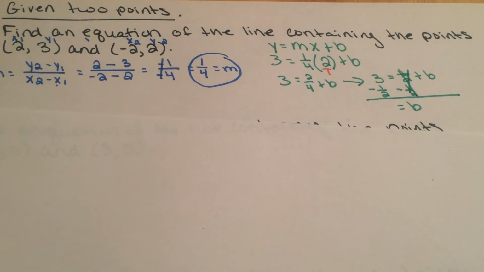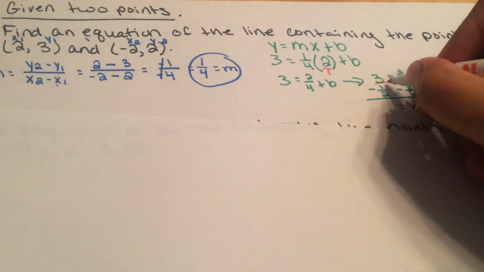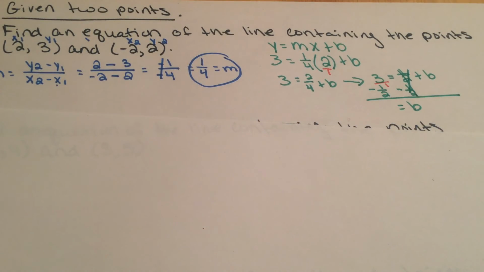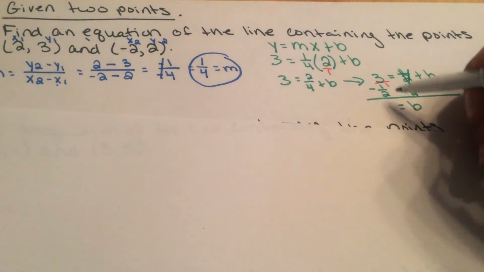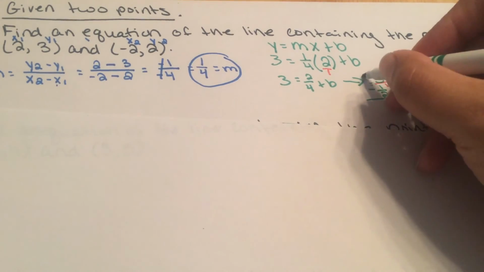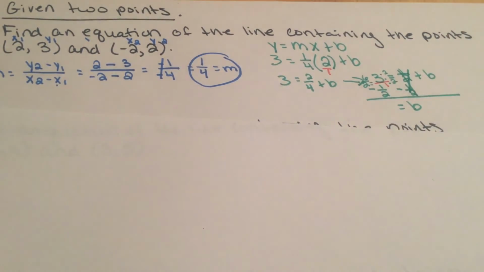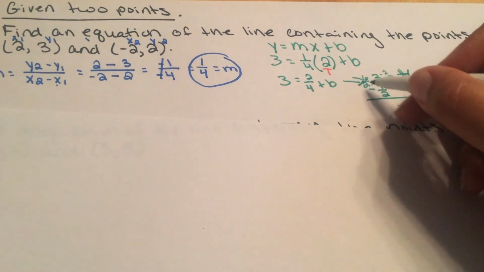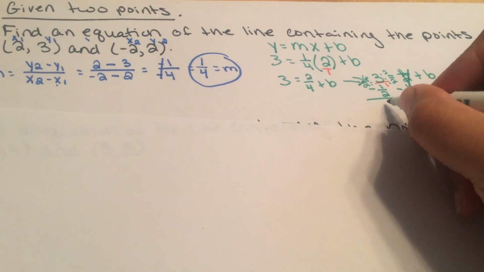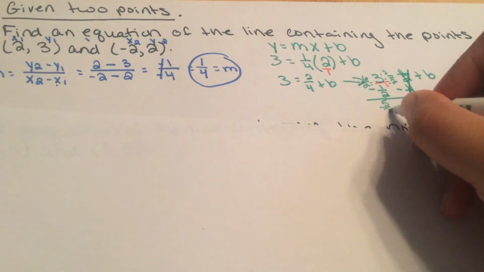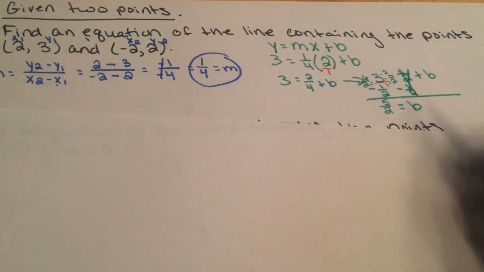On the left side, we have to remember that this is 3 over 1. And how do I subtract fractions? I have to have that common denominator. So this becomes 6 over 2 because I multiply both the 3 and the 1 by 2. Now that I have 6 over 2, 6 over 2 minus 1 over 2 is going to be 5/2. Okay?